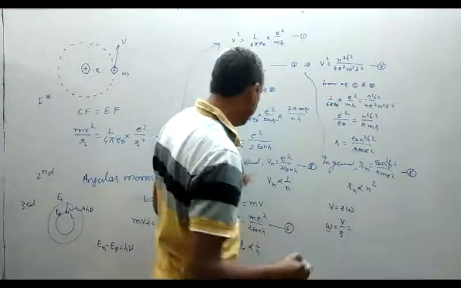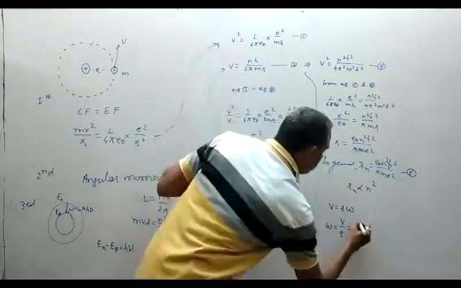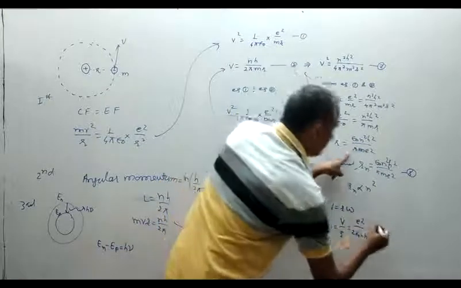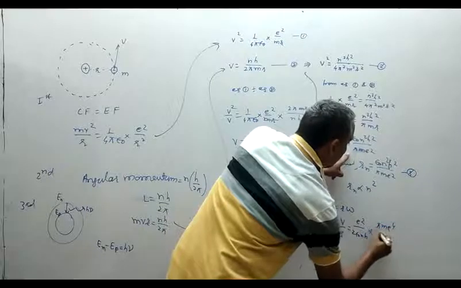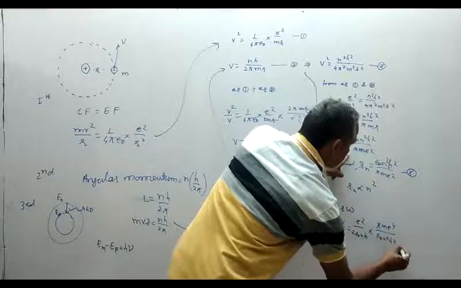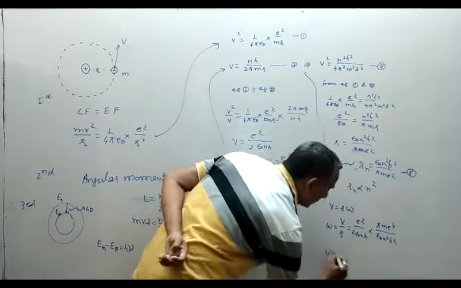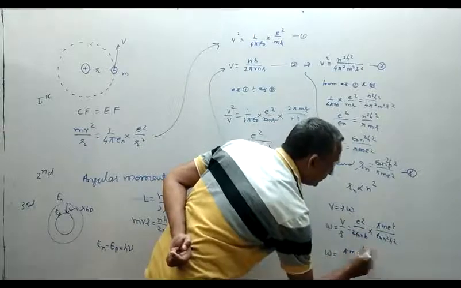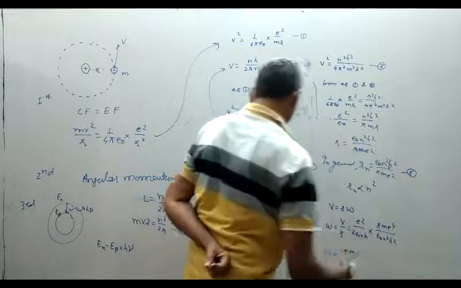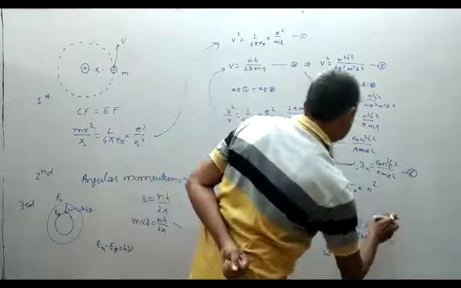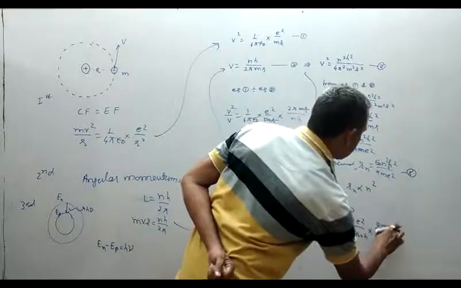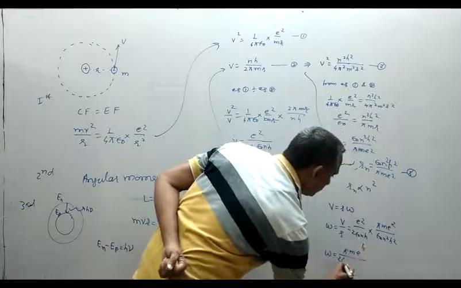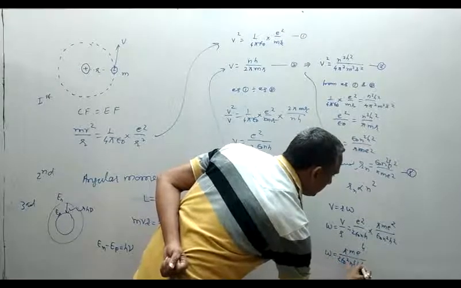When we substitute these values, velocity v is e square upon 2 epsilon 0 nh, and r is epsilon 0 n square h square upon pi m e square. Then omega becomes pi m e to the power 4 upon 2 epsilon 0 square n cube h cube.